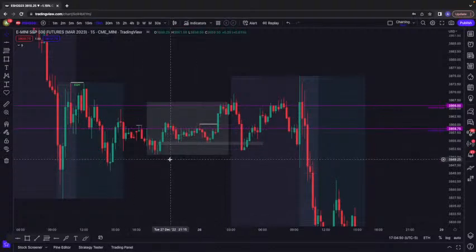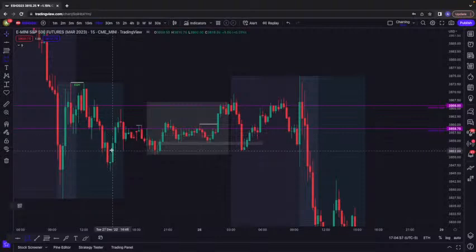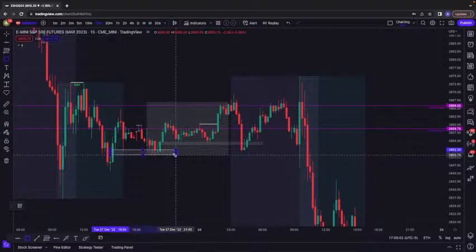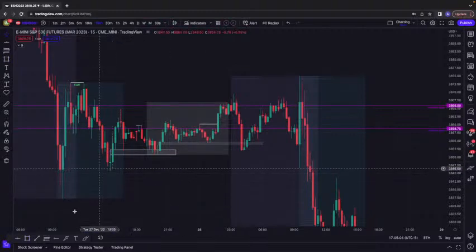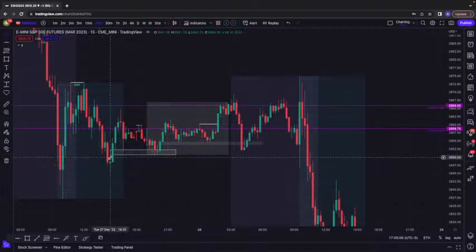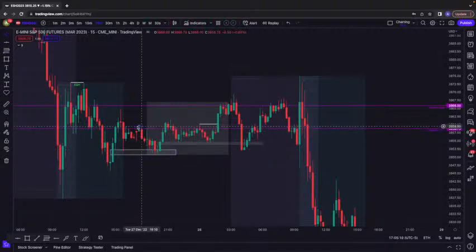Asian session opened, and there's this fair value gap right here on the 15-minute. Okay, so we create a swing high, come down, swing low, come back up into an order block, come down to this fair value gap, create equal highs right here, come back down to this fair value gap again, run out of it.